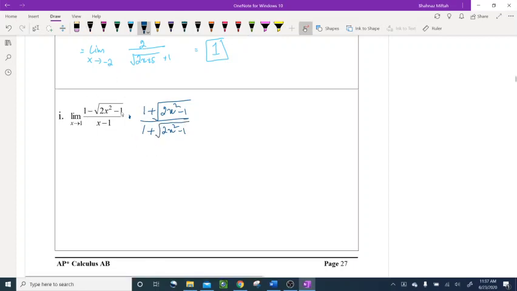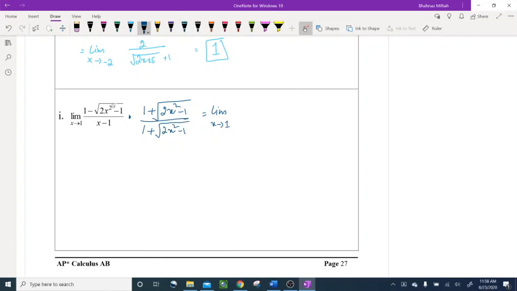1 times 1, okay, I have to write this first. Let me write the limit. I have to write this as a free response question, so you get used to it. Limit as x approaches 1.